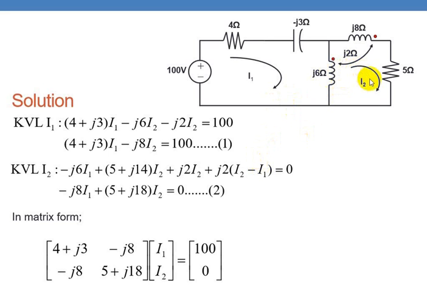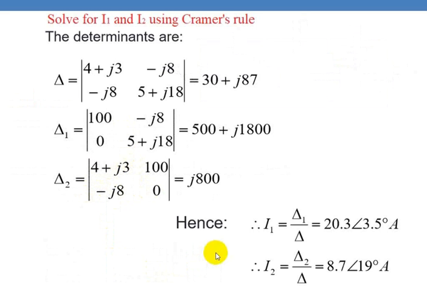I already told you that since we are writing the equation for this mesh, here you have to consider I2. I2 is leaving from this terminal, also it is leaving, so write plus here. So you got two coils, you got two equations. Now you write these equations in terms of I1, I2. Then put these two equations 1 and 2 in matrix form.